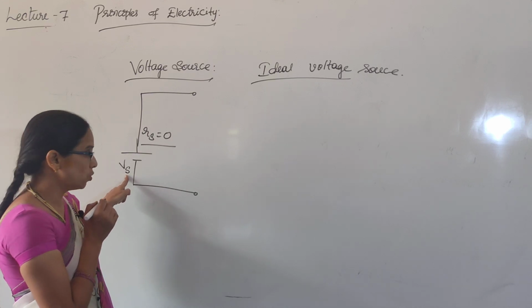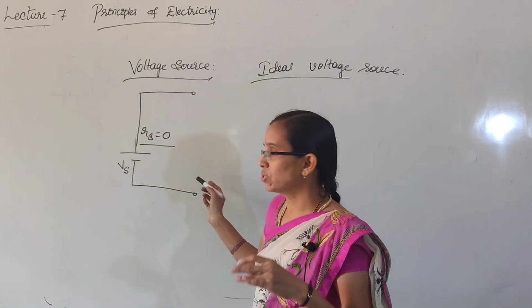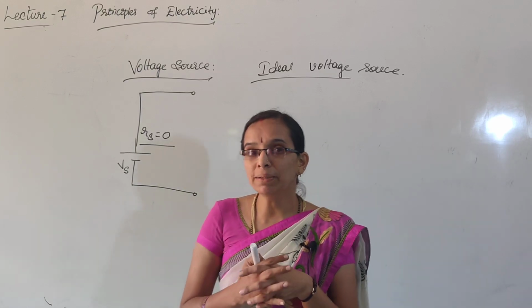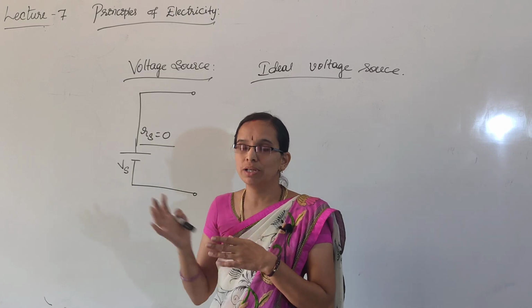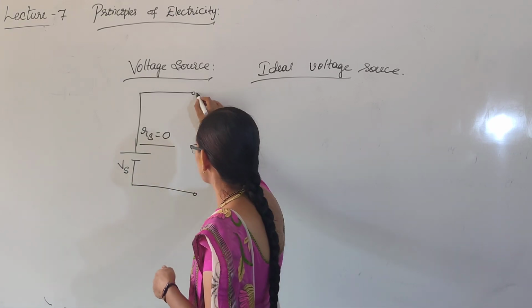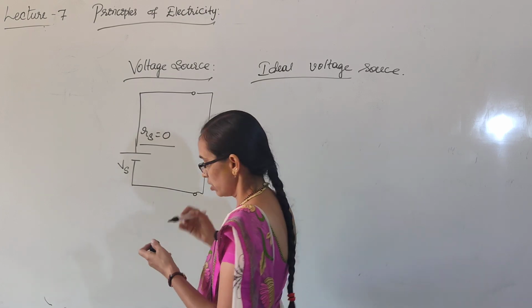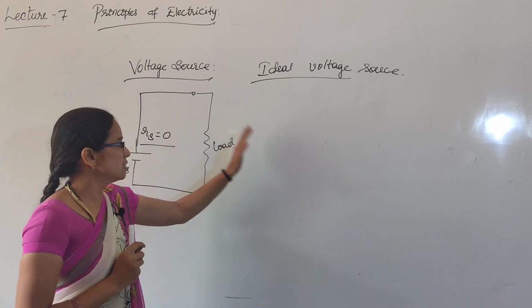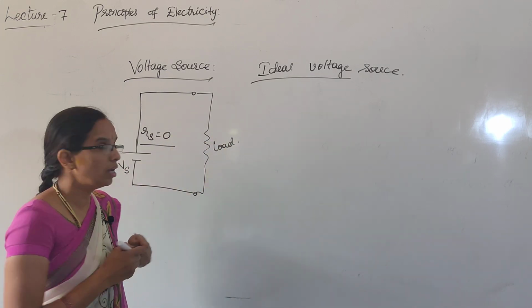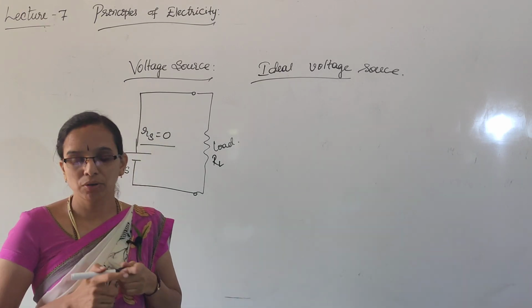If you connect this voltage source to any device, the complete voltage will be across that device only. Whatever you connect externally, the final circuit, is called the load. We usually call that the load resistance.